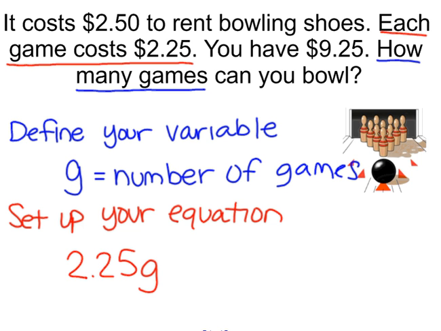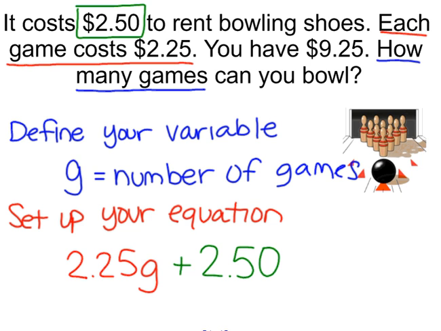I also have to include my flat rate or my one-time fee, which for this one is $2.50. I'm only paying that one time. I don't have to pay that every single game that I play. So I'm just going to add in $2.50. Okay, that represents everything I'm spending on bowling.